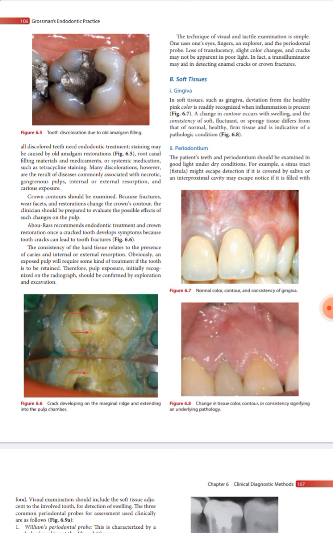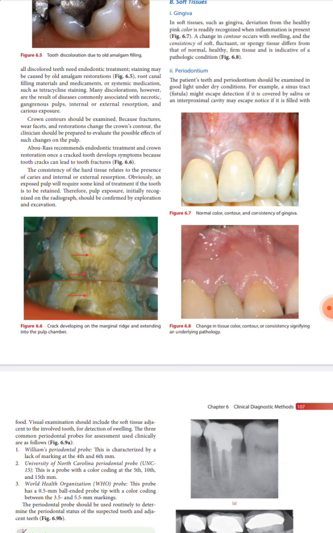Soft tissue, such as gingiva. In soft tissue such as gingiva, deviation from the healthy pink color is readily recognized when inflammation is present. Changes in color, swelling, and a consistency that is soft, fluent, or spongy differ from the normal healthy firm tissue and are indicative of a pathologic condition.